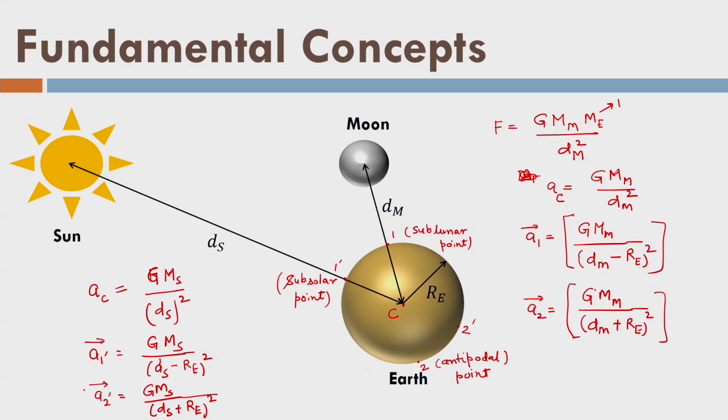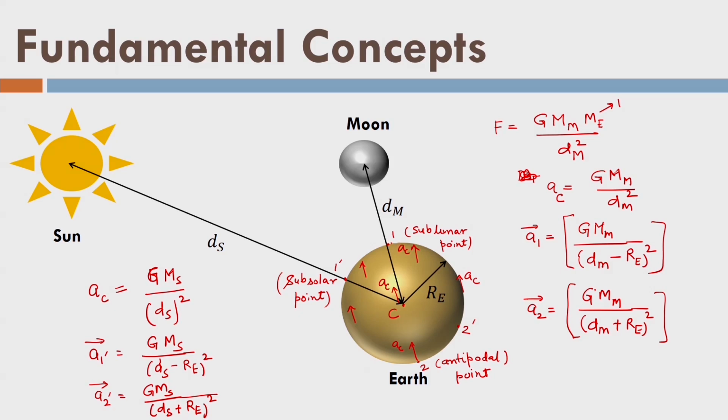They are basically working on different points on the surface of the Earth. What is the conclusion here? If I try to draw these acceleration values, AC will be towards the Moon like this at each and every point, because Earth is treated as a point mass. So the acceleration AC is the same at each and every point as if Earth is a point mass.